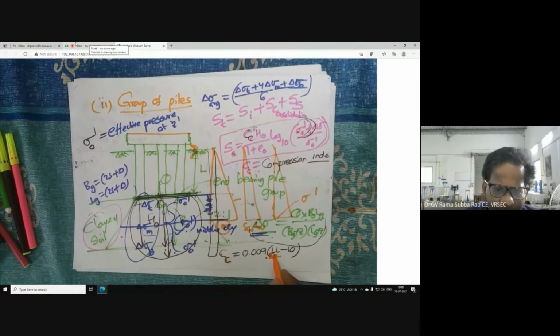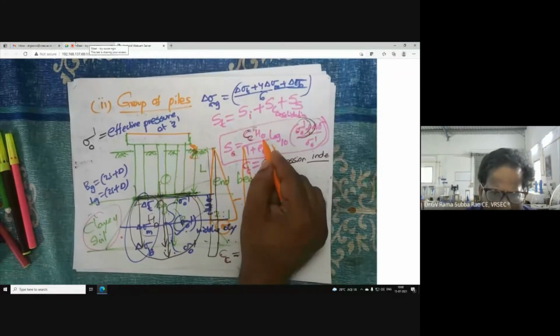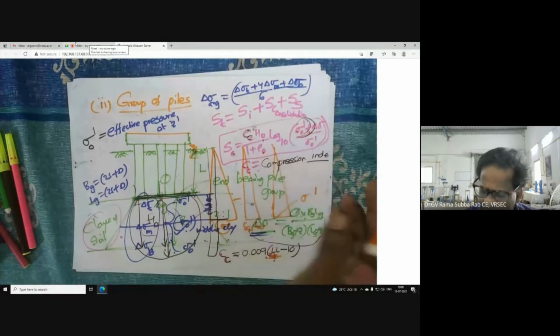So if you know liquid limit, you can estimate compression index by using Skempton equation. So now you see here, by knowing Cc and by knowing thickness of the clay layer, now how to calculate e. Can anyone tell me what is e?